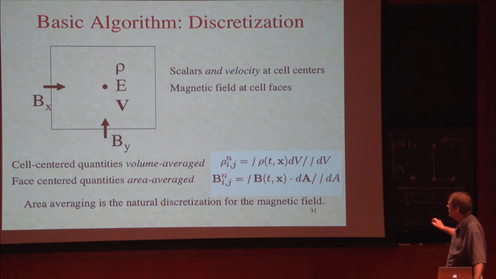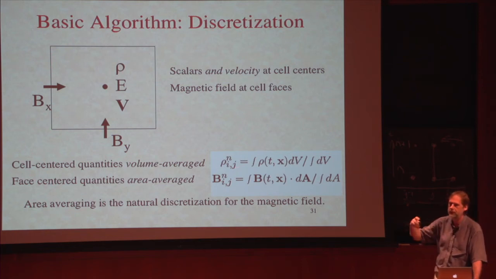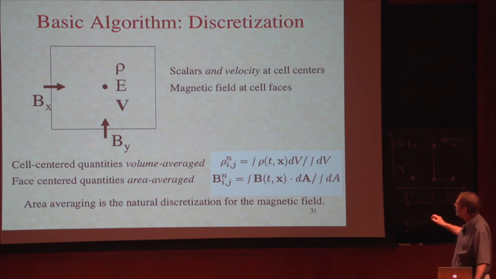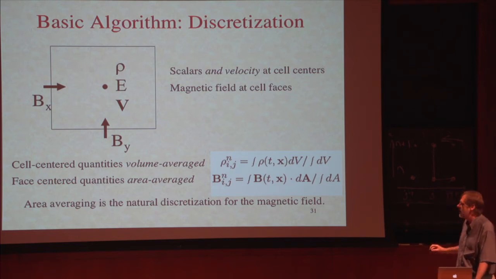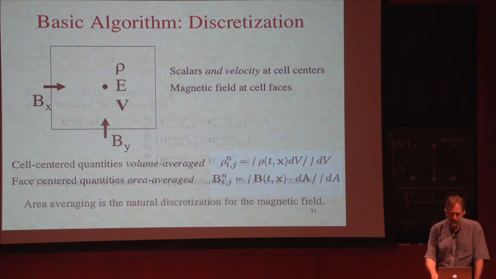The time evolution of the magnetic field is just the integral of the electric field around that area, and the time evolution of the cell-centered quantities is the divergence of the fluxes through the faces. You can force the magnetic field into cell centers and use the divergence theorem and so on, but I just think that mathematically it's a lot cleaner to do it this way, for reasons we'll get to in a moment.